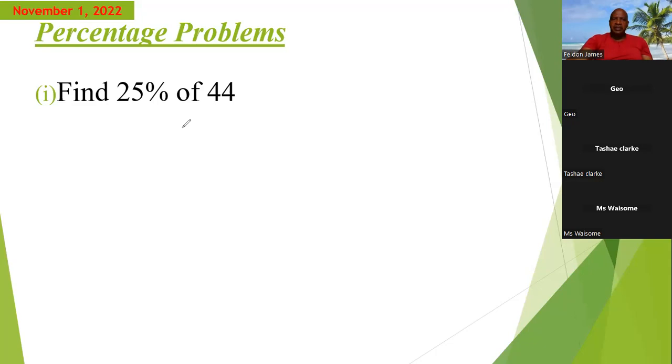So why does this work? Because if we want to find 25% of 44, remember we say that a percentage is a special fraction.